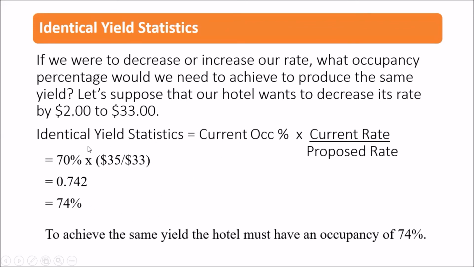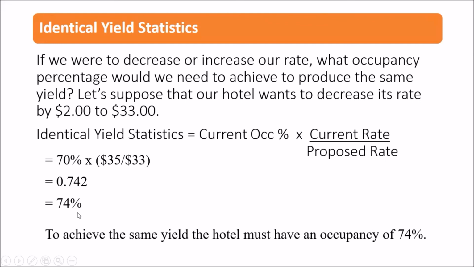Now putting all the figures into this formula: current occupancy given in the scenario is 70%, multiplied by the current rate of $35, upon the proposed rate, which with a discount of $2 is $33. When we solve this, it will give you 0.742. When we multiply this by 100, the identical yield statistic percentage is 74%.